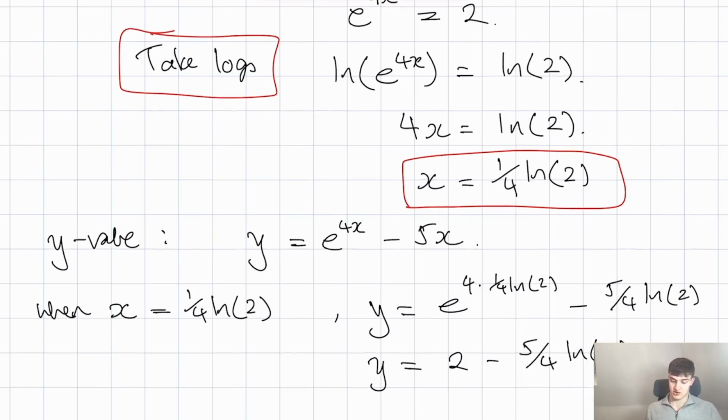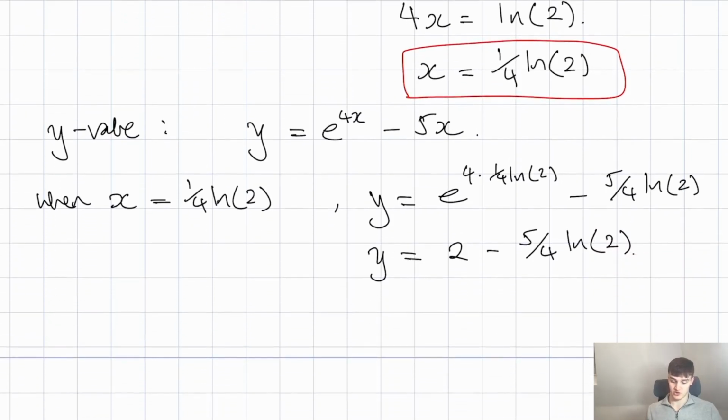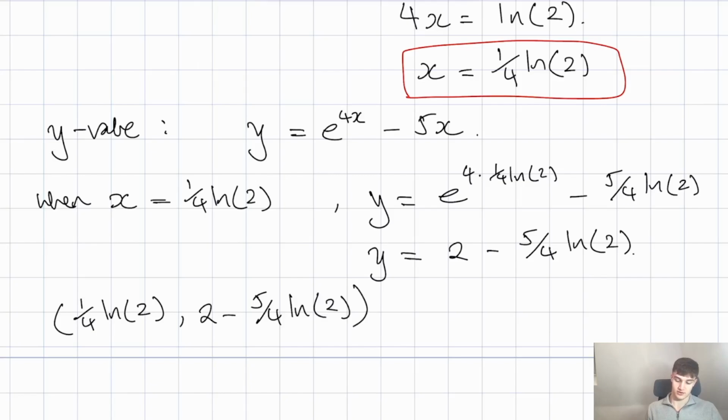This is just the other value of the point on the curve, the y value. So the point on the curve that we're interested in is 1/4 natural log of 2 and then 2 minus 5/4 natural log of 2.